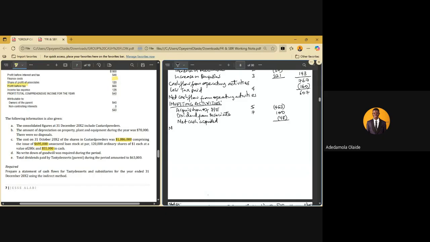So what will be the net cash flow from investing activities? 411. Positive or negative? Negative.